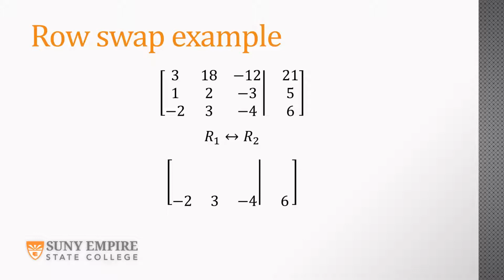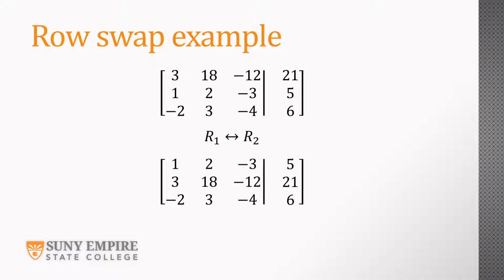When doing row operations, it is helpful to copy any rows that are not being altered. Since we are swapping rows 1 and 2, we can write in the third row as is. With a row swap, we are simply replacing the numbers in row 1 with the numbers that were originally in row 2, and vice versa.